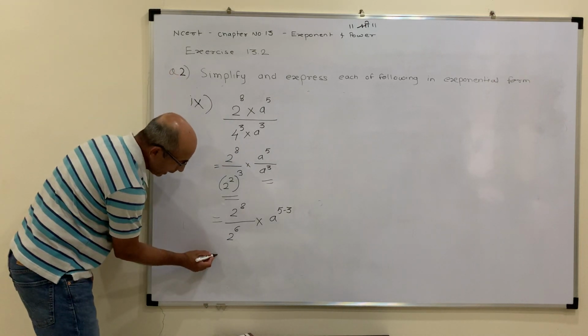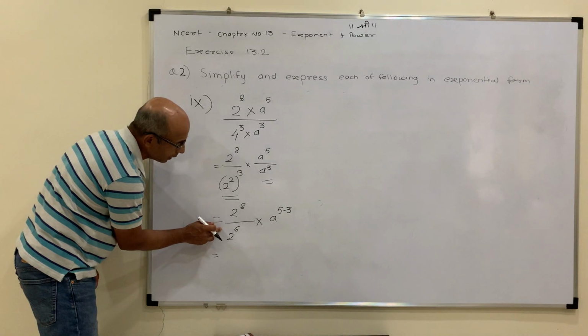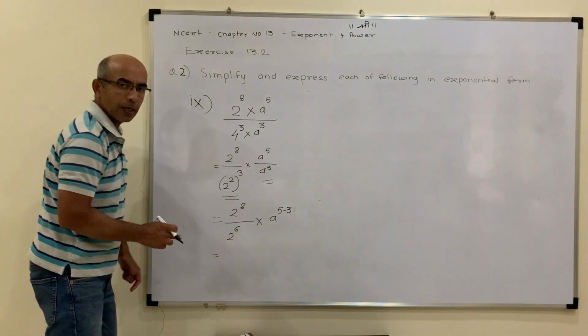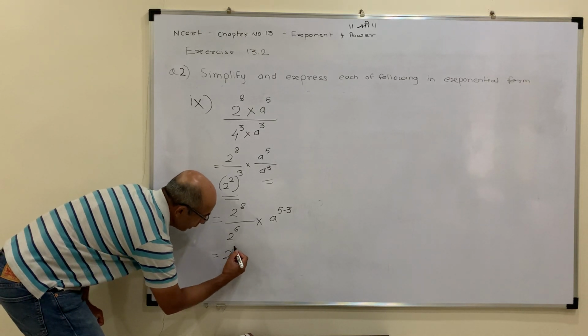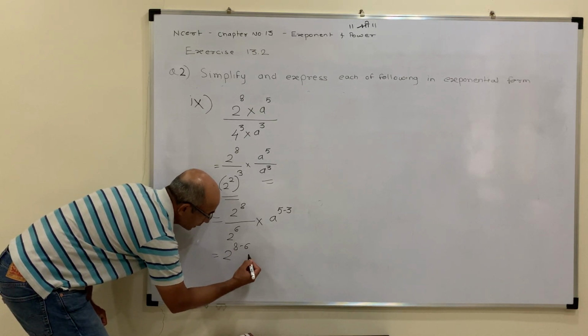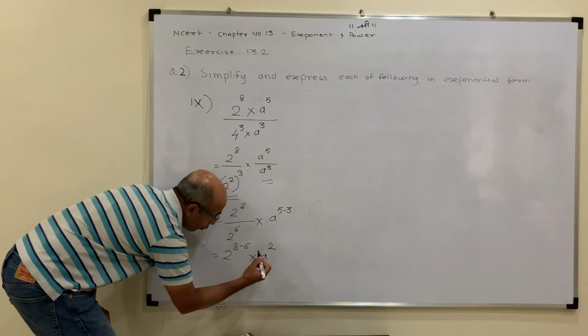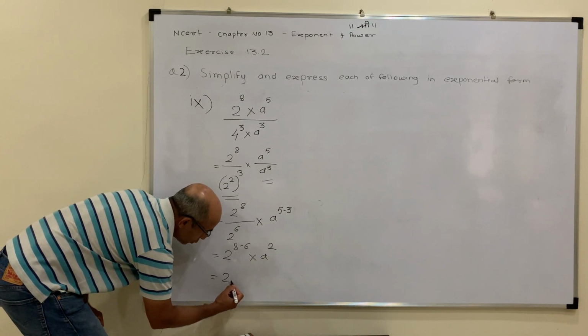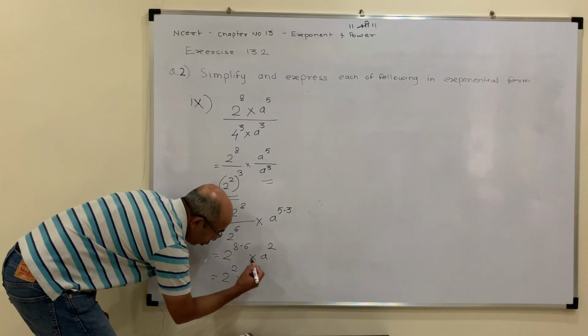So now in the next step, base is the same, operation is division, I'll be subtracting the power of the denominator from the power of the numerator. So 2 raised to 8 minus 6 into a raised to 2. So 2 raised to 2 into a raised to 2.